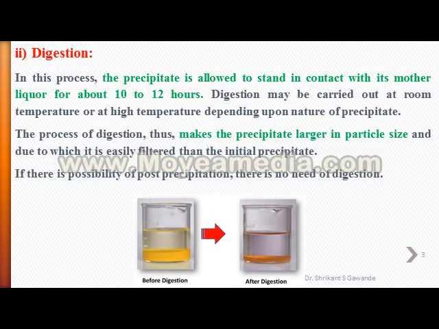The process of digestion thus makes the precipitate larger in particle size, due to which it is more easily filtered than the initial precipitate.